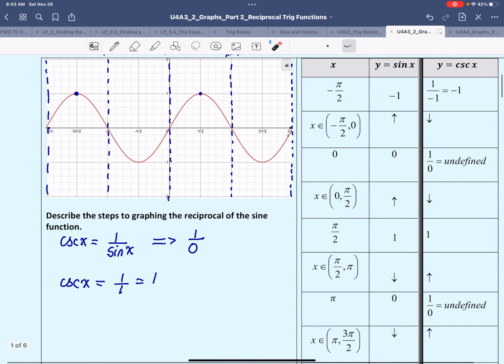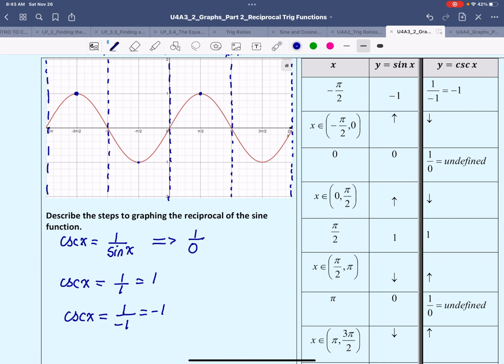Now, next, we're going to look at the minimum values. So right here, we have x equals negative pi over 2, y is negative 1. So if the sine x has a value of negative 1, that means that the cosecant x, which is its reciprocal, will be 1 over negative 1, which is negative 1 again.